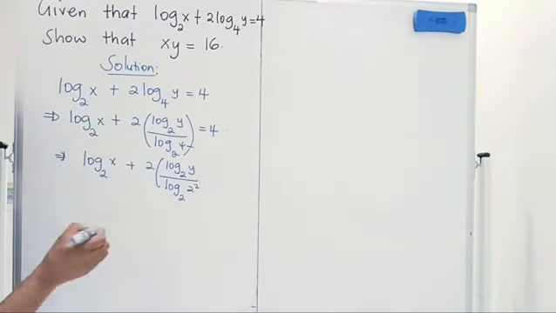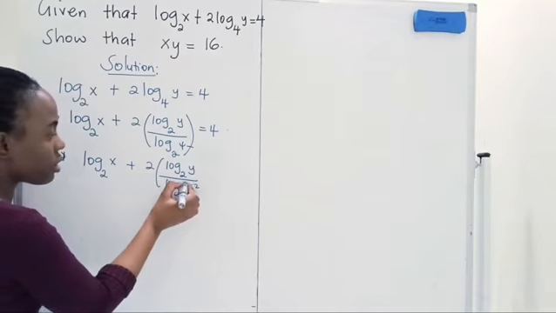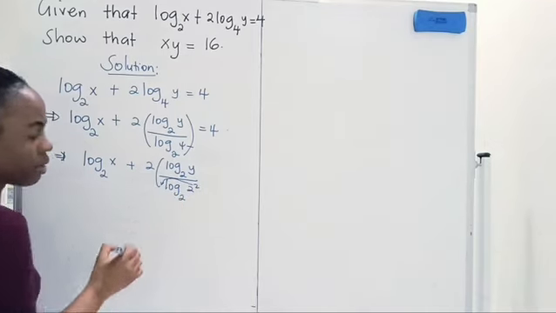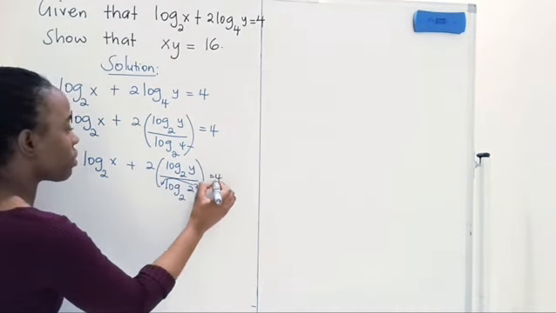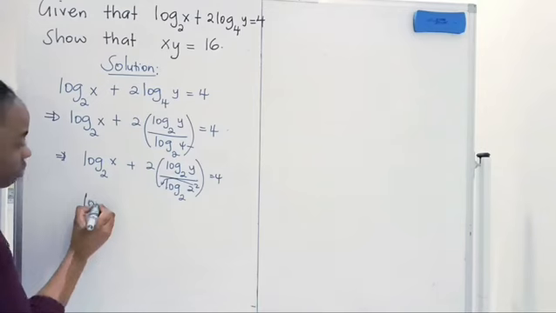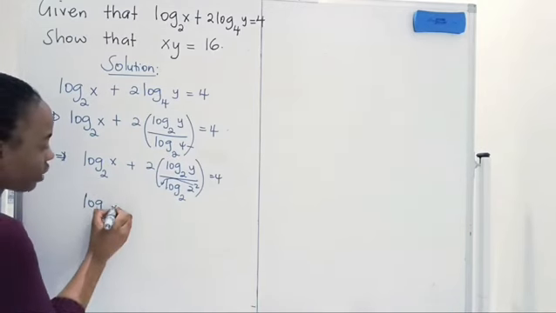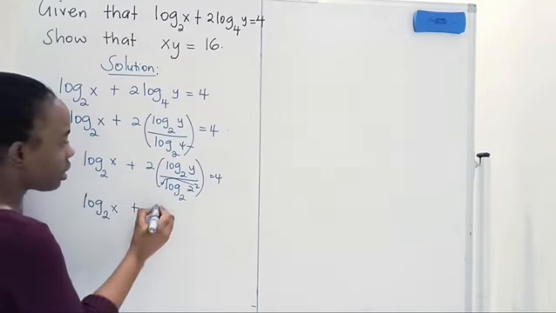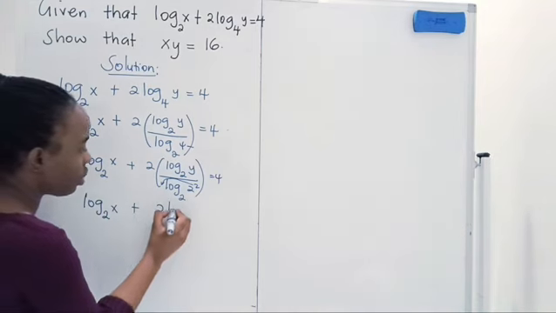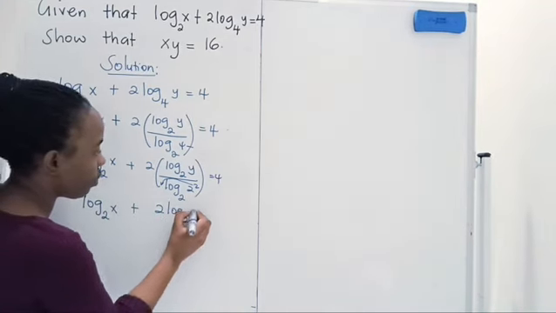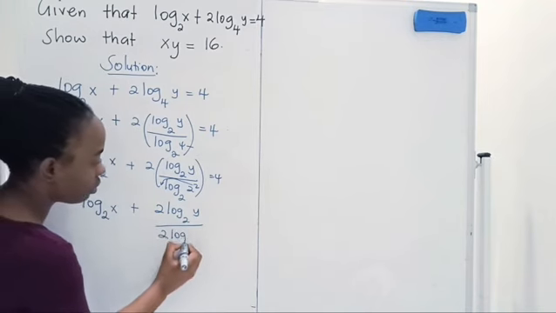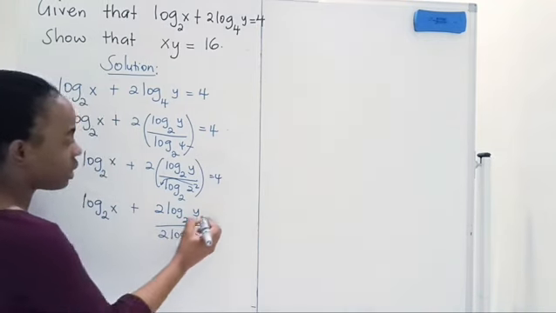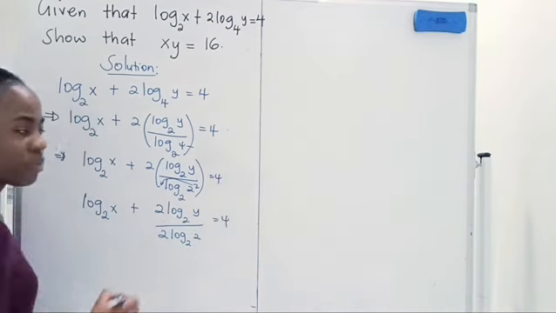Remember the laws of logarithms. This 2 is going to drop here, okay? So I will have log 2 of x plus 2 log 2 of y divided by 2 log 2 of 2 is equal to 4.